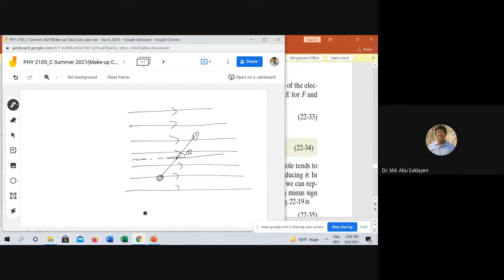So this is minus q, the force acting here, F, in this direction, and this is plus q, with the force acting on it like this. This is equal to qE, and this is also qE.